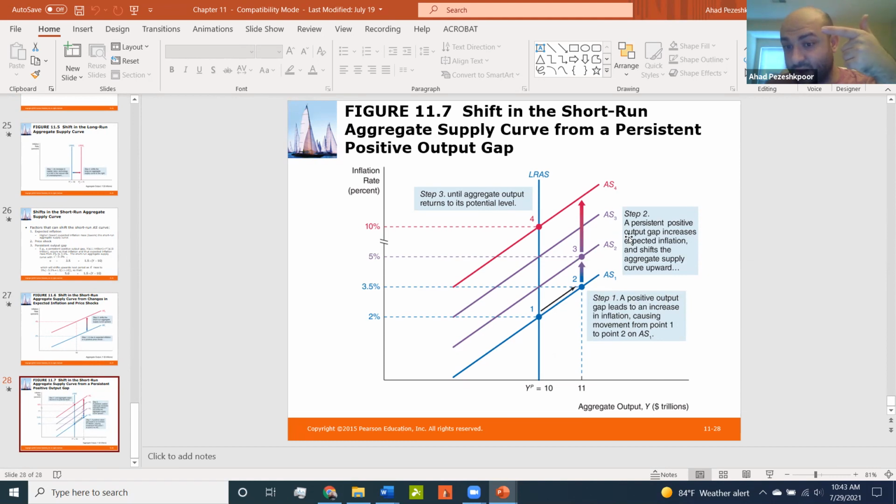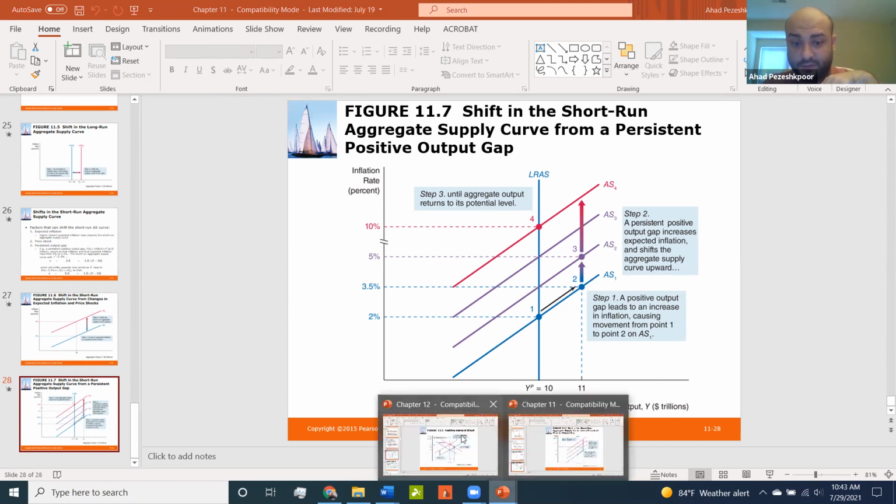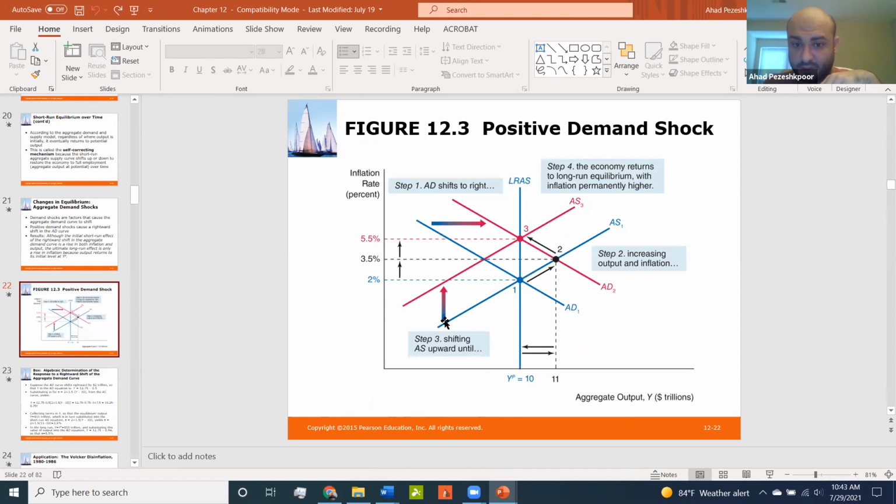That persistent increase in inflation would cause even more increase in inflation. So you will keep going up. You go from point 2 to point 3, to a new equilibrium.